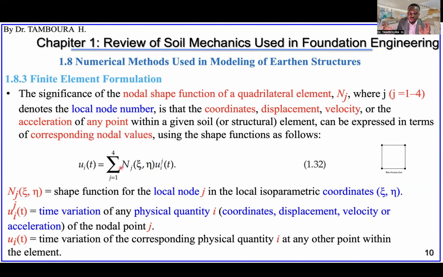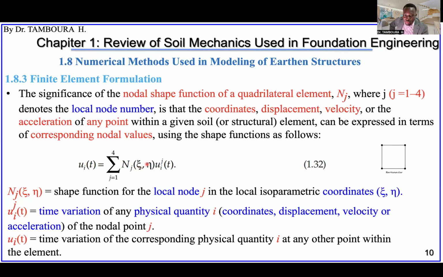It is the sum of adding all the 4 nodes, 1, 2, 3, 4, all the 4 nodes, for example, J from 1 to 4. Okay, node 1, node 2, node 3, node 4.